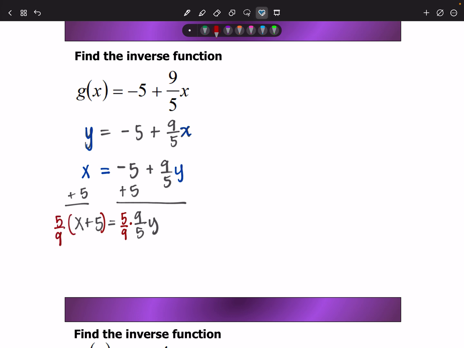The reason I'm multiplying by 5/9 is because a number times its reciprocal is equal to 1. So we'll have 5/9 times the quantity x plus 5 equals, the 5's cancel, the 9's cancel, and we get y.